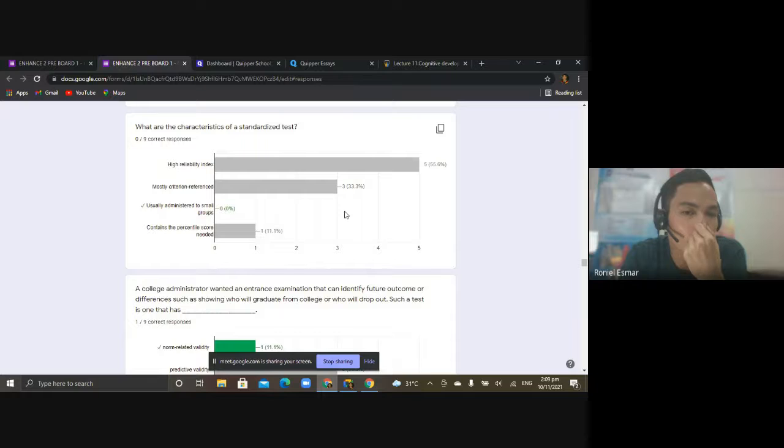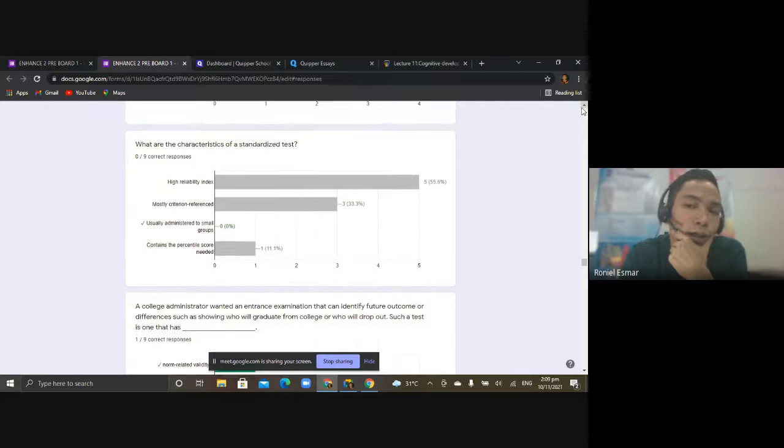Before it is given to a larger group of takers, the same thing with the licensure examination for teachers. The test items are first administered to small groups of people. Then they measure the index of discrimination and the reliability index from the data they get from these small groups, to identify if a particular item is really worthy to be included in the licensure examination for teachers.